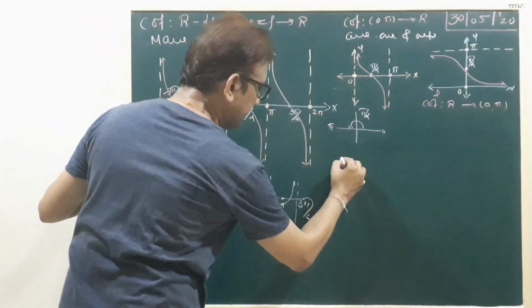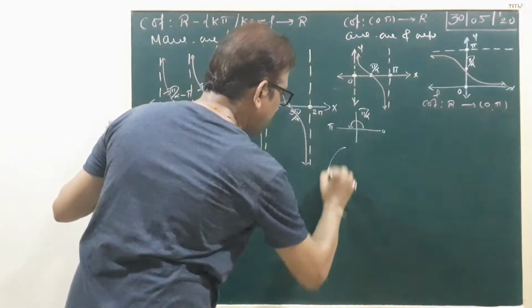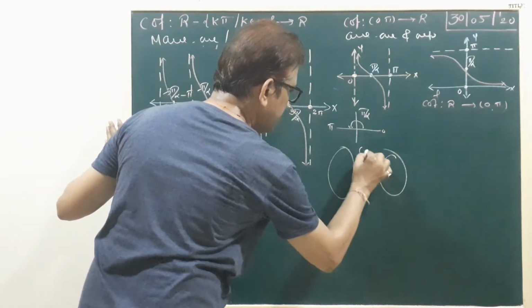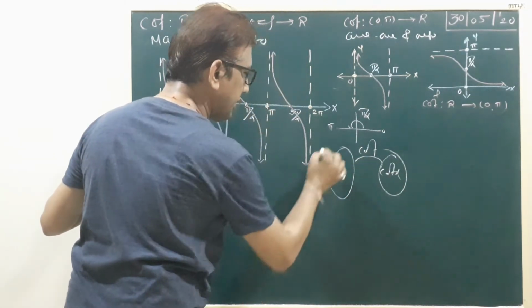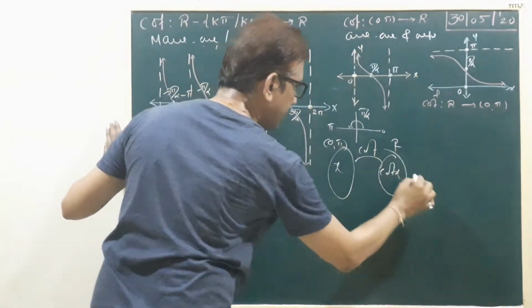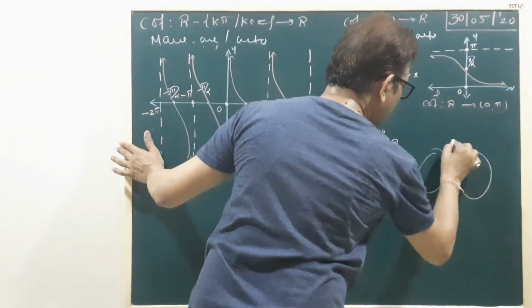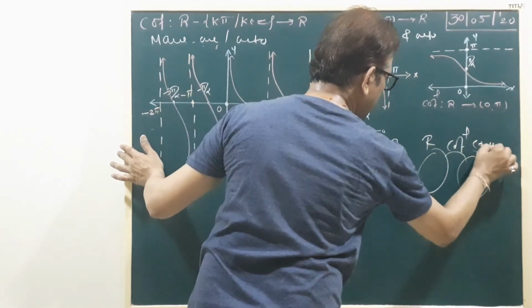Now discuss another one. This is your cot function, cot x, here 0 to pi. The cot function goes to R. Now this is your cot inverse function, so here R and here 0 to pi.